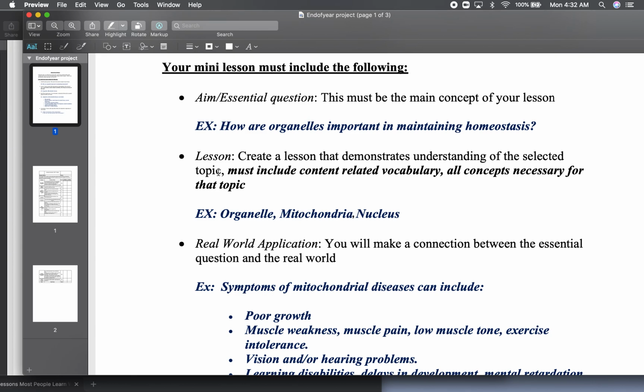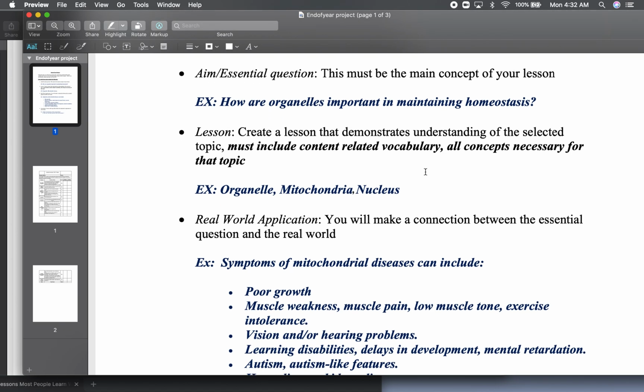Using this aim or question, I'm going to create slides in a PowerPoint which detail all of this information. So we can assume that in my PowerPoint, I'm going to give you all the details about organelles, how they work, how they function, and I'm going to tell you why they're important.